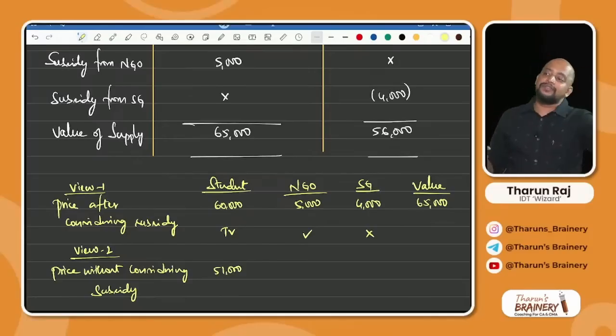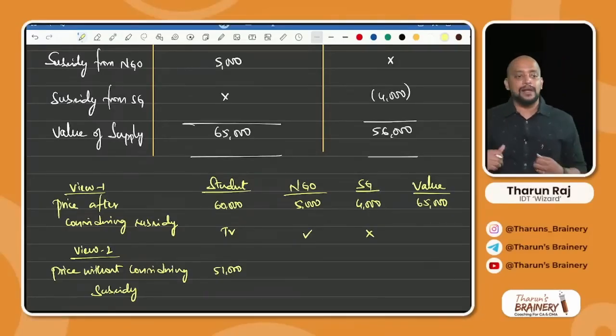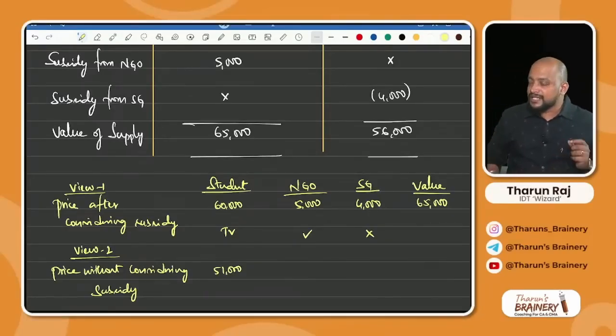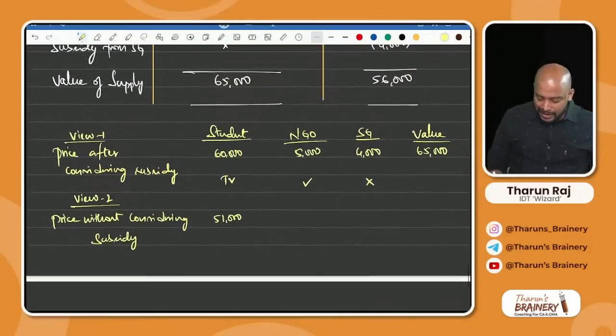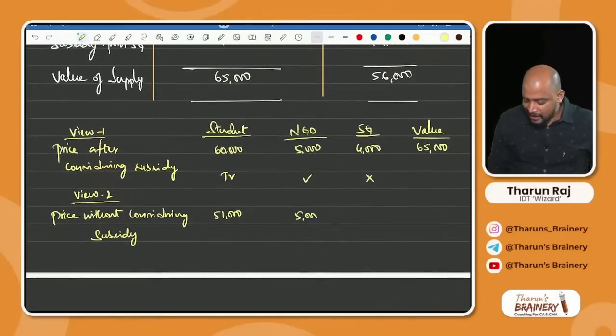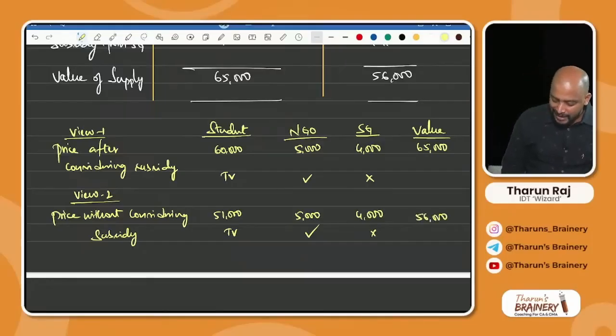In that, 5,000 we will receive from NGO and 4,000 from state government. Then from the student we will receive only 51,000, and from NGO 5,000 and from state government 4,000 as usual. So this will be the transaction value. This 5,000 will come; this 4,000 will not come. So 51,000 plus 5,000 will be 56,000. That will be taken as the value.